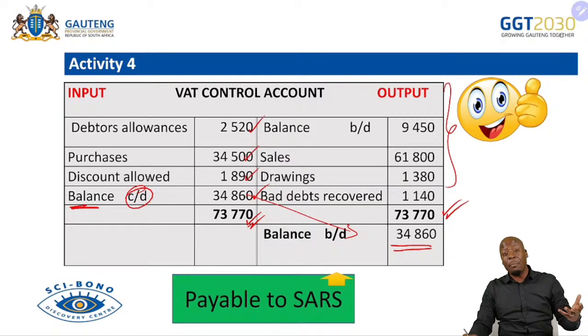We're also able in this particular lesson to determine if goods are coming in, input VAT, if they're going out, output VAT. And it is easy to trace your things like bad debts recovered and discount allowed and your drawings just by following the goods or the initial transaction thereof.